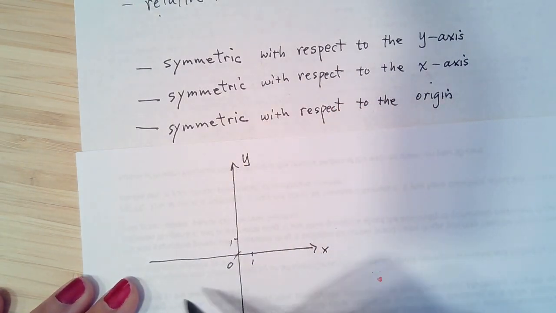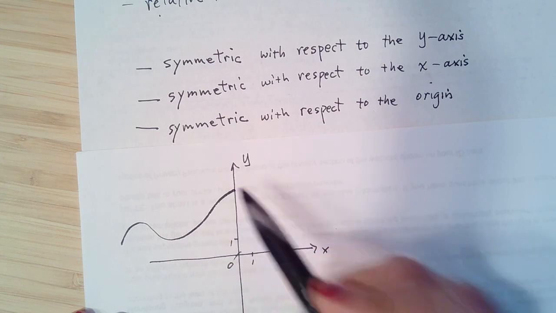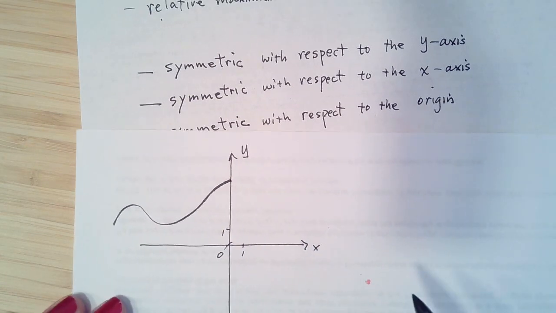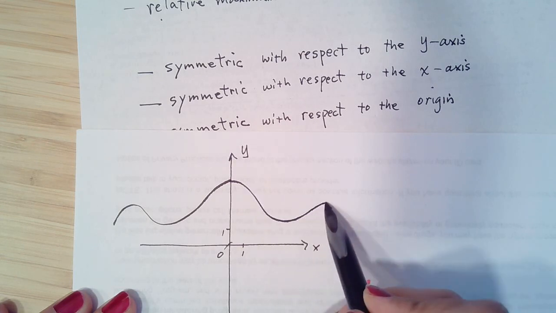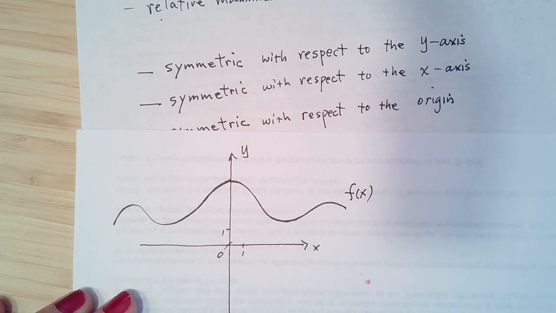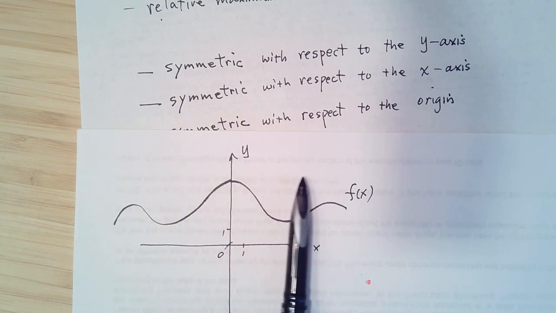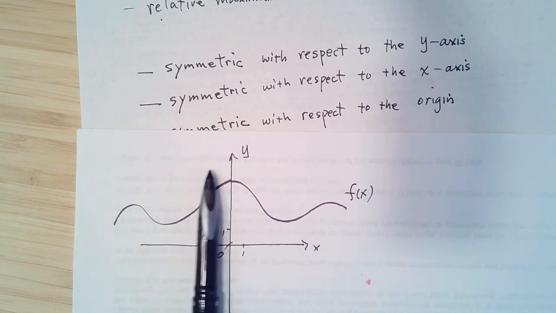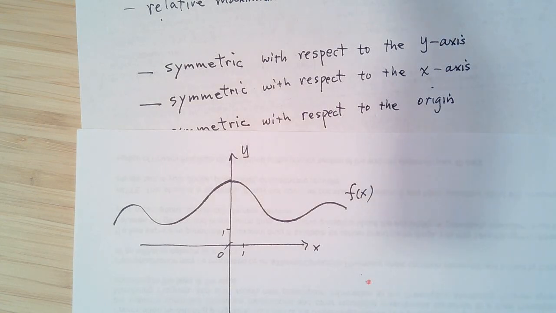So if you have a graph that looks like this, a beautiful graph on this side, and on the right side it goes like this, then this function is symmetric with respect to the y-axis. And it's a function, right? It will pass the vertical line test. So this one is symmetric with respect to the y-axis.